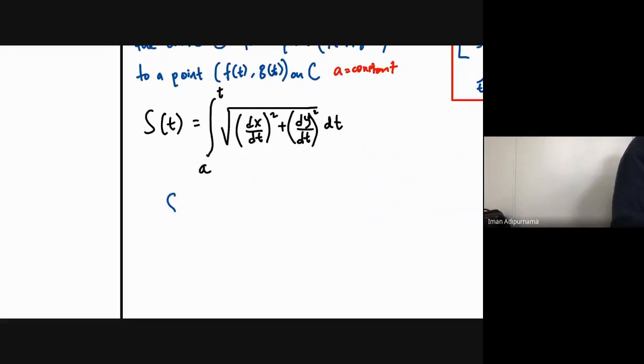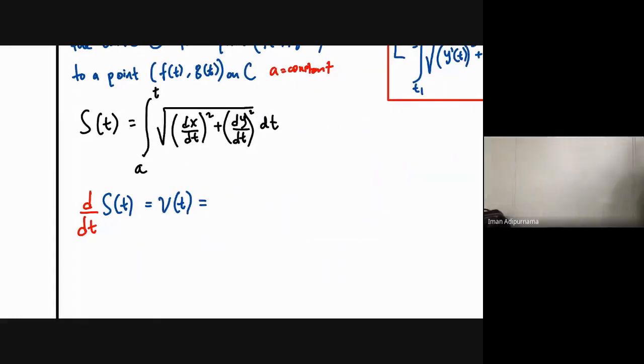So let me write s(t), and then differentiate this, d/dt. This becomes v. How to differentiate: basically, the integral will be removed, and we plug in all the information from that endpoint. Or I can write this as s prime also.